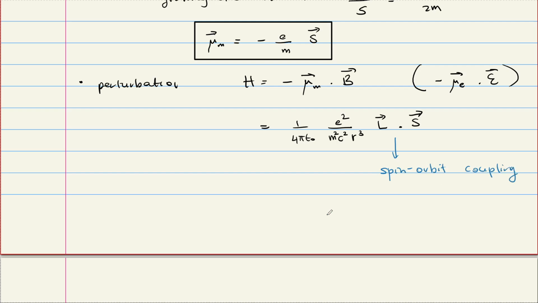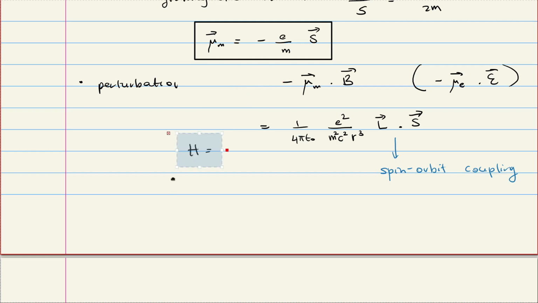And this is also purely a relativistic effect, because for you to have a magnetic field experienced by the electron, you need to have relativity. Only in relativity you have electric field felt like a magnetic field by a moving charge. Good. Now there's one more correction, so let me write the correct form here.